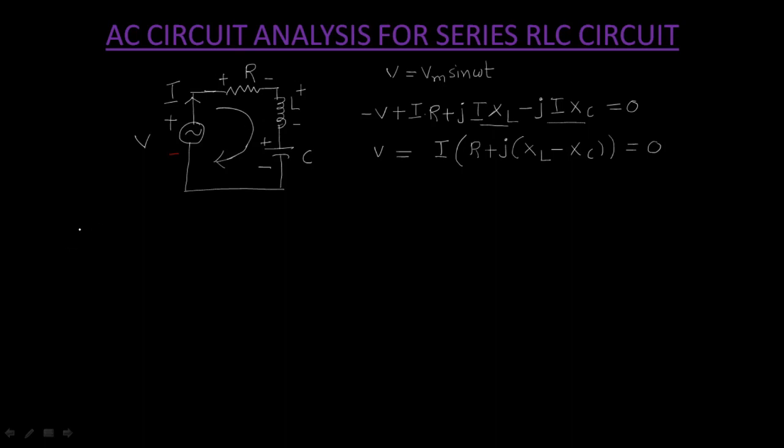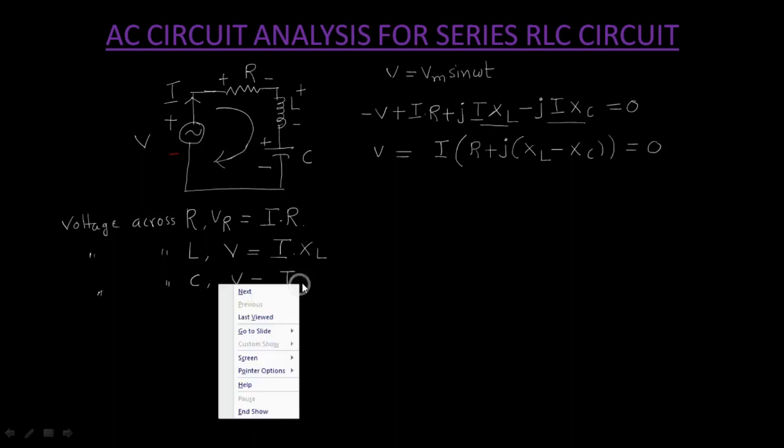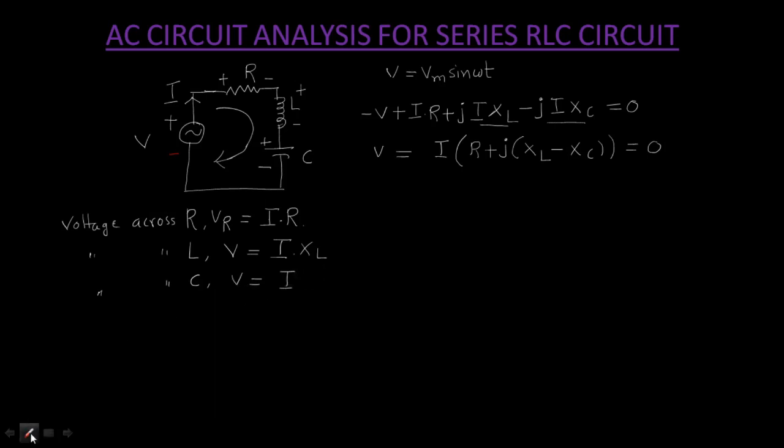the voltage across the resistor, VR, equals the current flowing through the resistor times the resistance, I into R. The voltage across the inductor, VL, equals the current flowing through the inductor times the inductive reactance XL. The voltage across the capacitor equals I into XC.